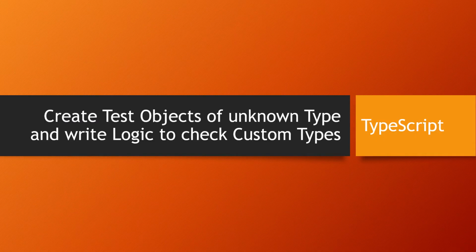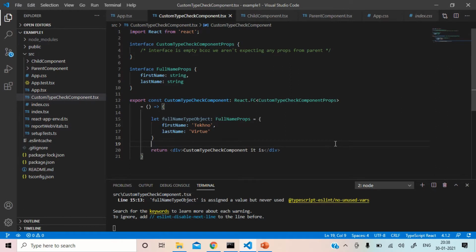As the response data may be of unknown type, we'll create test objects of unknown types and we'll write logic to check the types of these objects. So now let's create two more objects, and their type will be unknown because whenever we get data from backend or from some API call, the type check we need to do.